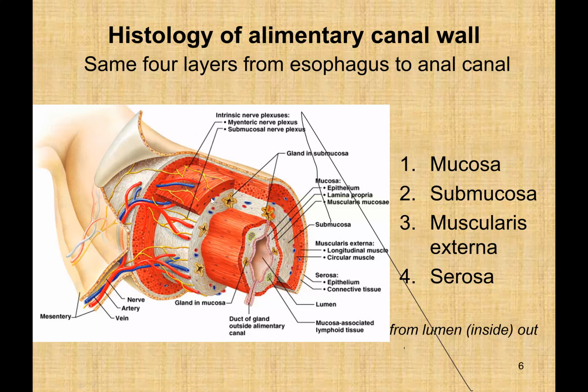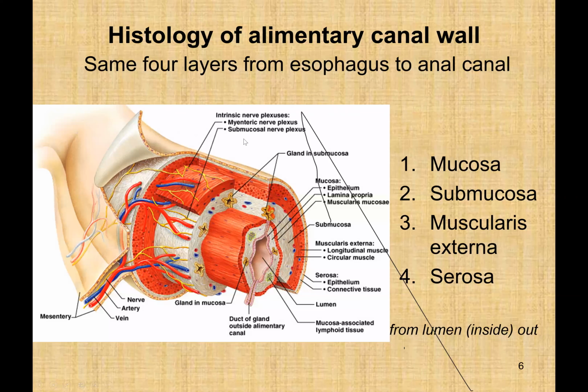After that, you have the muscularis externa, which is made up of the inner circular muscle and the outer longitudinal muscle. Within this muscularis externa, we have a connective tissue layer which has nerves and some blood vessels, which give information to the muscularis externa. This plexus here is known as the myenteric plexus, as compared to the Meissner's plexus that we found in the submucosa.